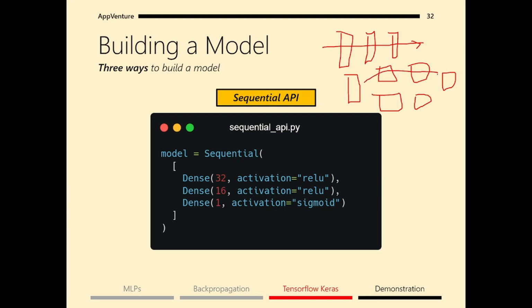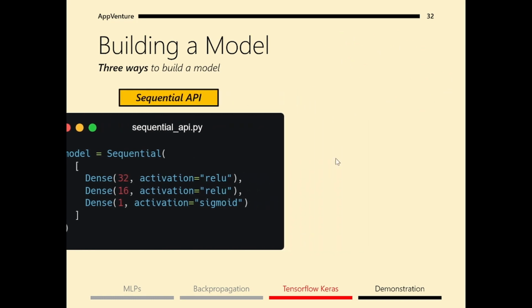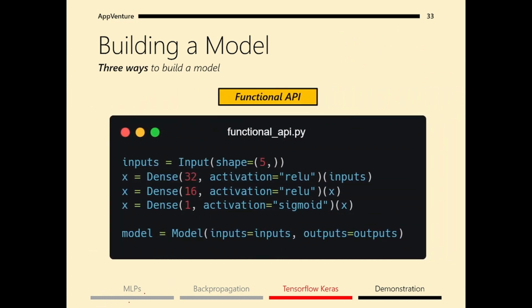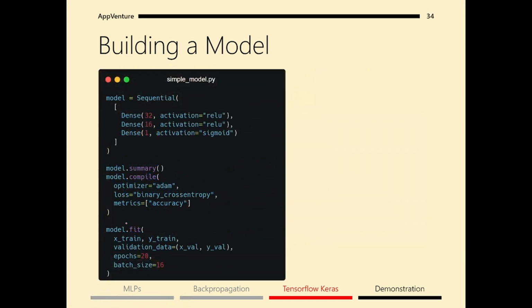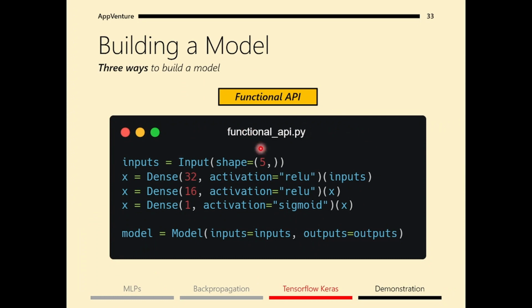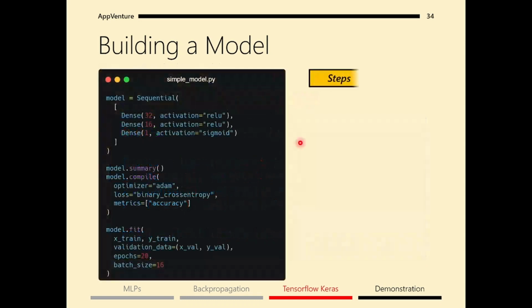You can go into separate branches and then they can come back together. So you will use the functional API for models that are not really aligned in a straight line. This more complicated type of model will come up later when we talk about CNNs.